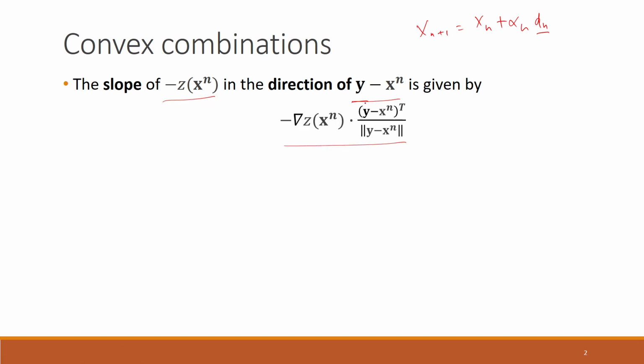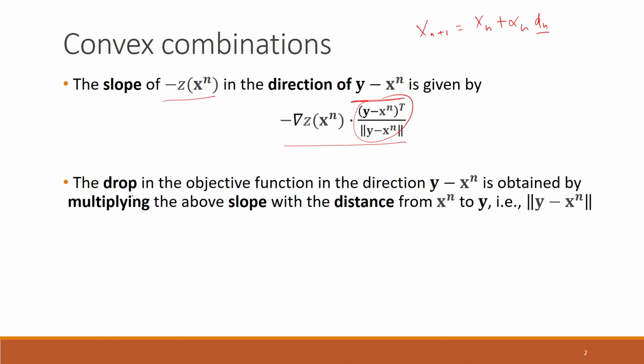If you recall, this is the unit vector in the direction y minus xn. That is why we are taking the dot product of this unit vector with the gradient of z at xn.